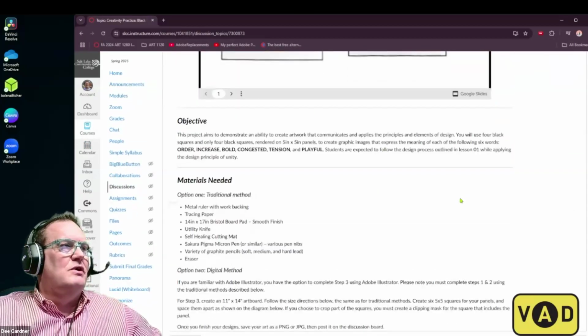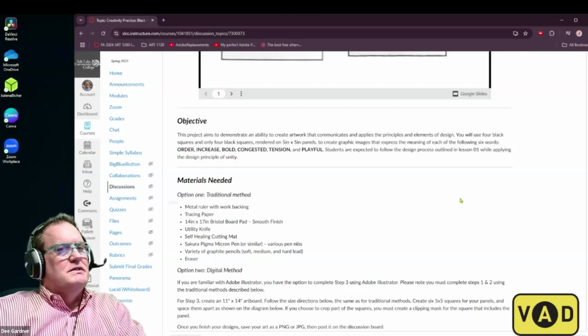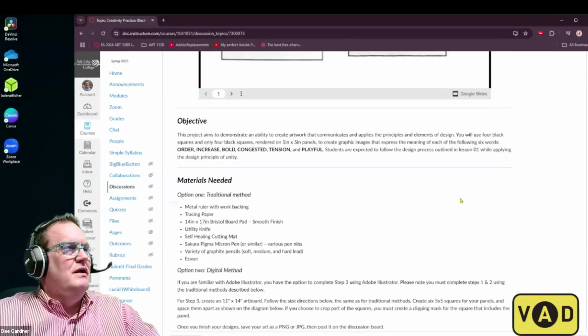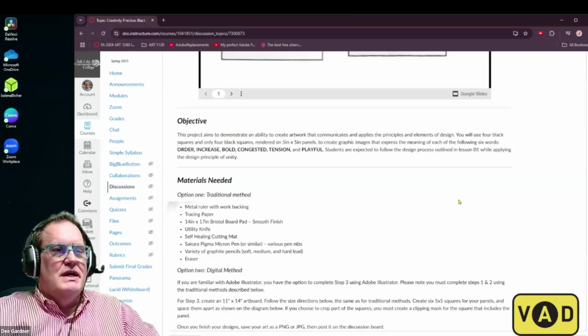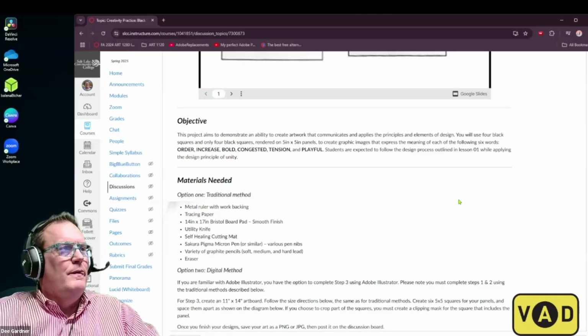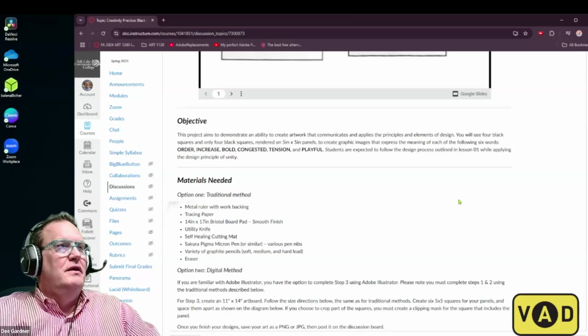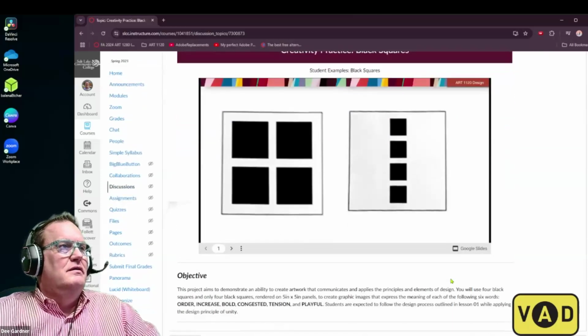So here's this black squares assignment. This is something that's good to talk about anyway. One of the things the assignments are designed to do is really tighten down on what the constraints are for the assignment.